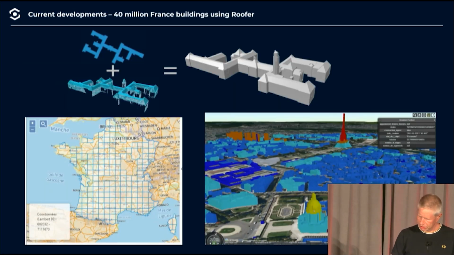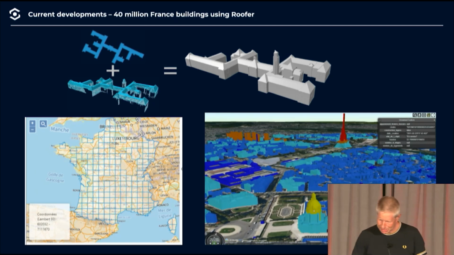Now some current developments to round up. In the Netherlands we are very lucky with our point clouds because they flew the whole country like 5 times. We are a small country, so that's a bit easy. But we are now working in France, and they have their country partly covered. And we use these point clouds together with the building footprints to create 3D meshes.